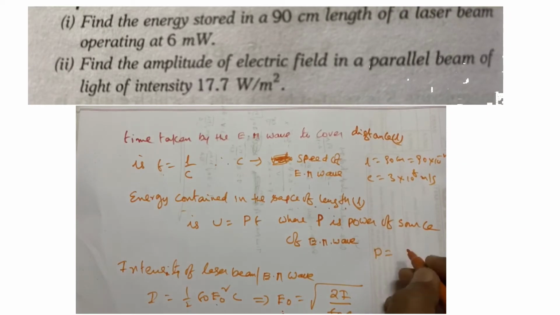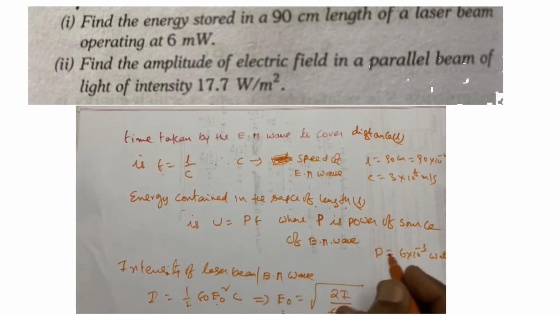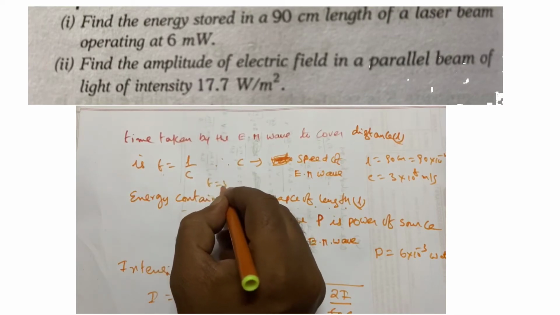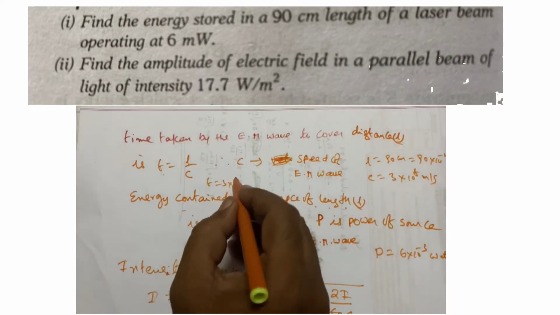Here the power of the source is given as 6 into 10 to the power of minus 3 watt. t can be calculated now. The t value of 3 into 10 to the power of minus 9 seconds will come.